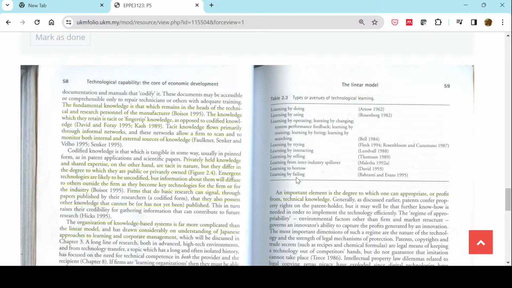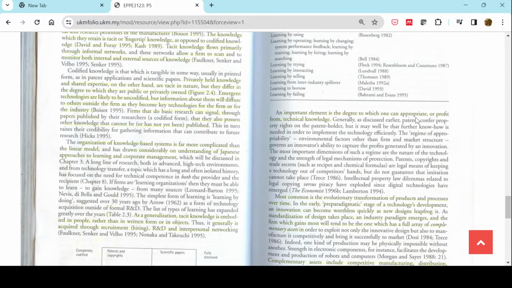So here, what I was saying, the word appropriate, if you can see the word appropriate, should have been said much earlier when we spoke about the two types of research, basic and applied research. An important element is the degree to which one can appropriate, can get the money from.